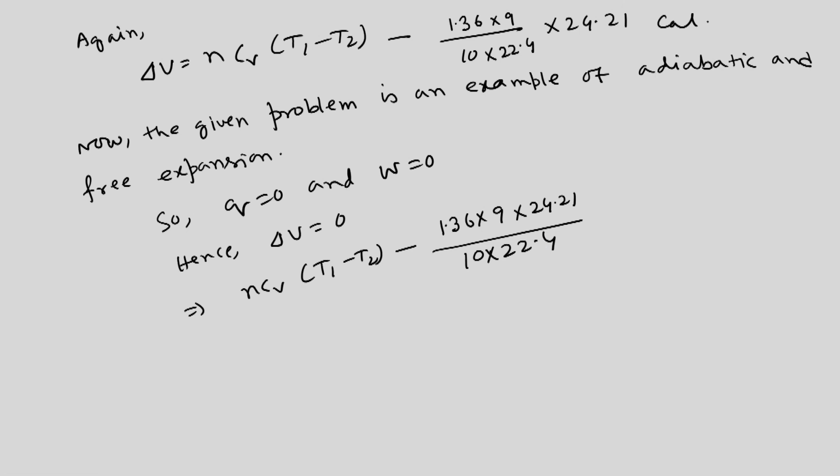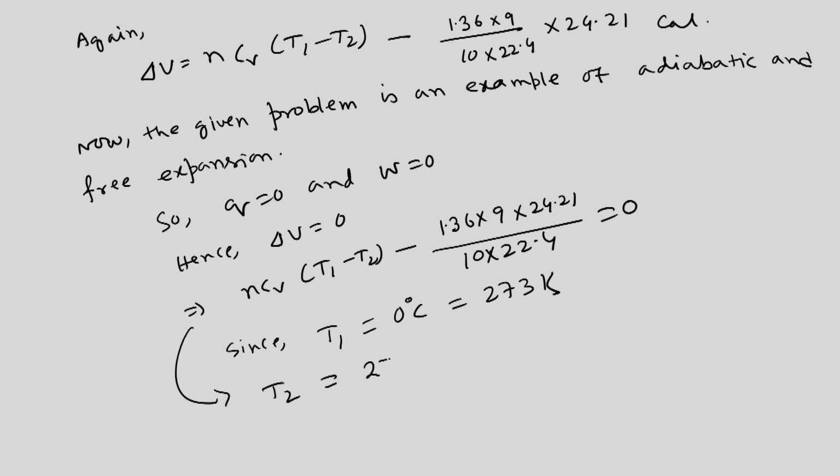So, since T1 equals 0 degrees Celsius means 273 K, we get T2 equals 272.73 Kelvin. Okay.